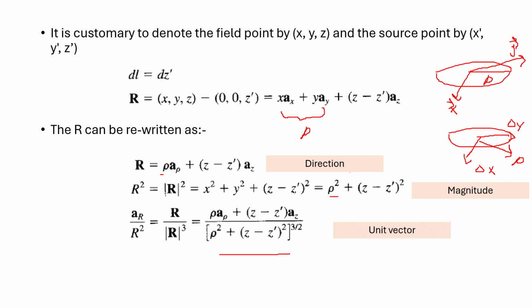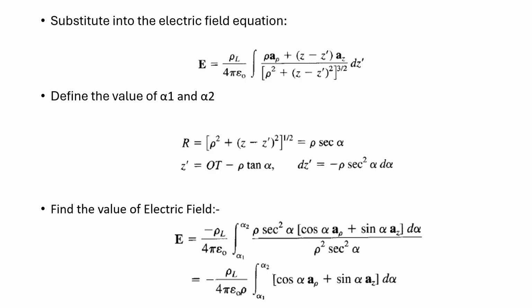So this is your unit vector. Substituting into the electric field equation, you get rho L over 4 pi epsilon naught integral of rho vector plus z minus z prime z vector over rho squared plus z minus z prime squared to the power of 3 over 2 dz prime.